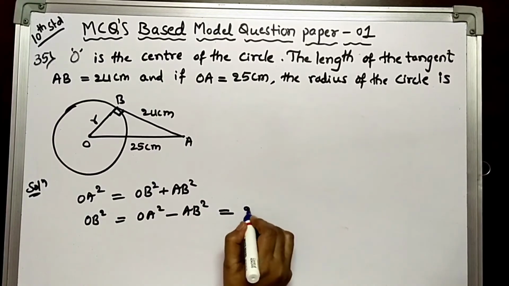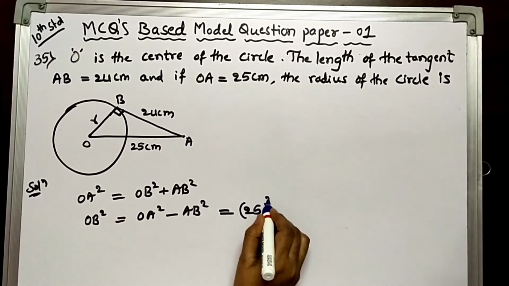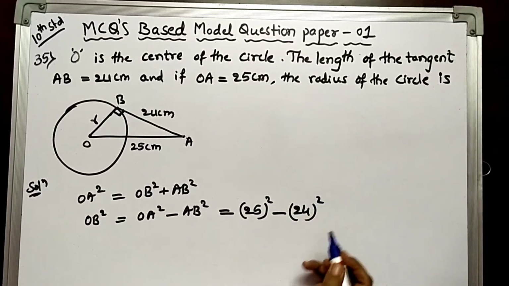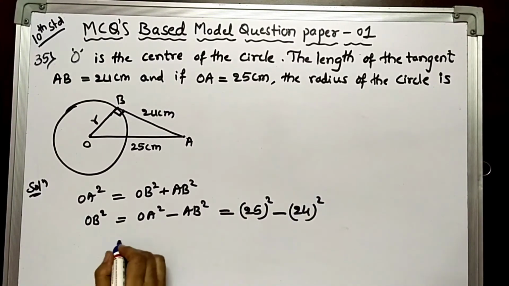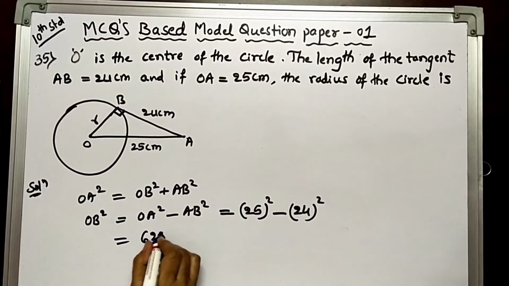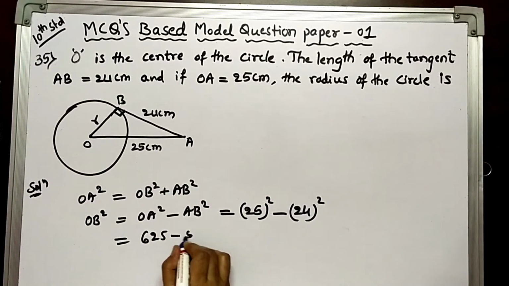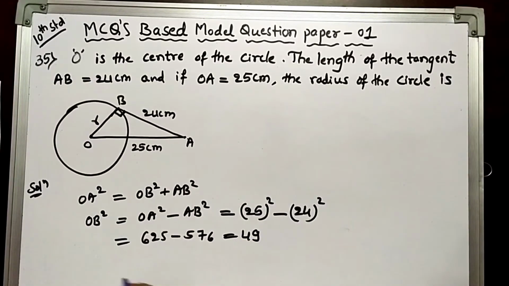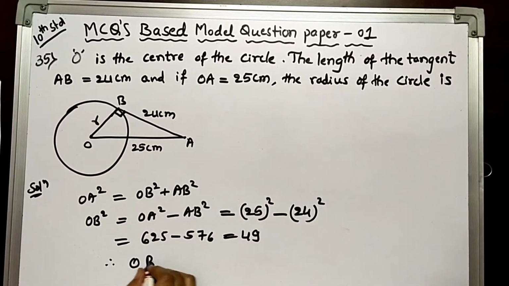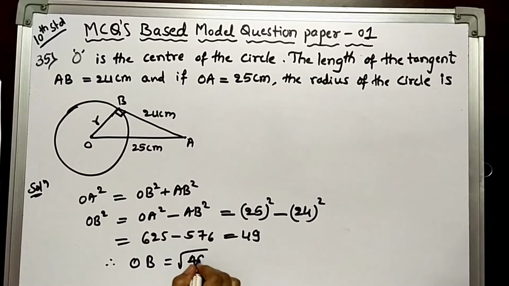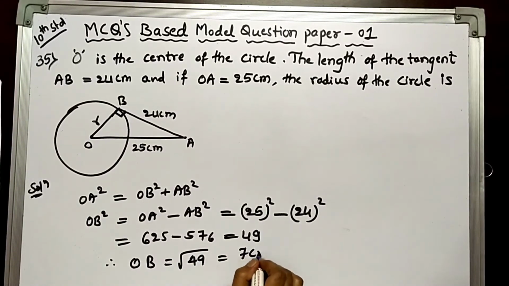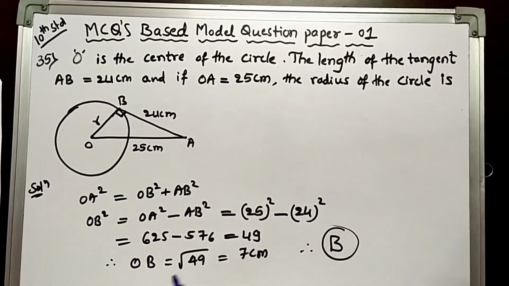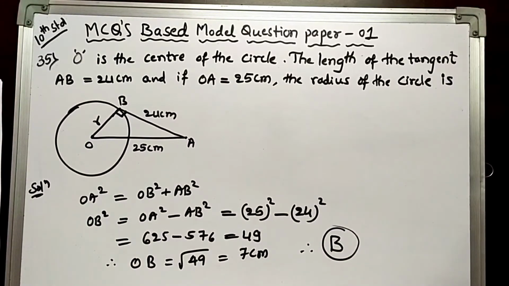OA is 25 square minus AB is 24 square. 25 square is 625 minus 576 is equal to 49. Therefore, OB is equal to square root of 49, which is 7 centimeters. Option B. So the radius is 7 centimeters.